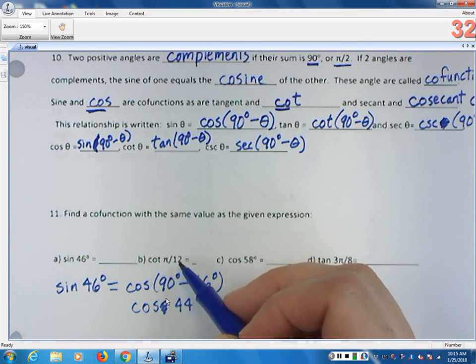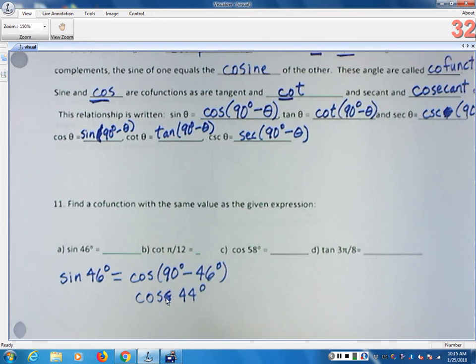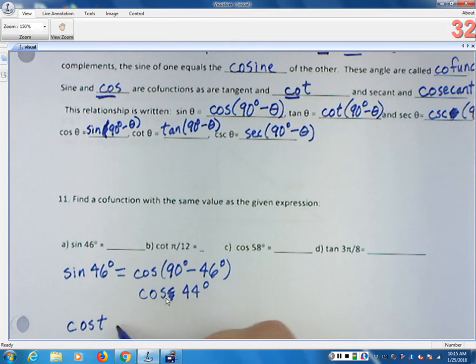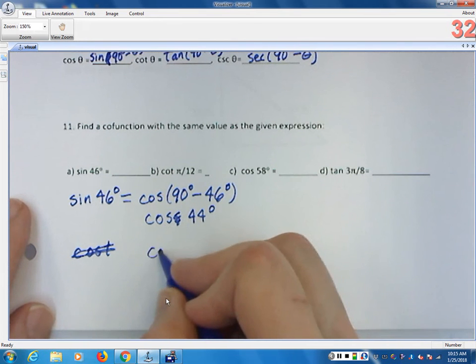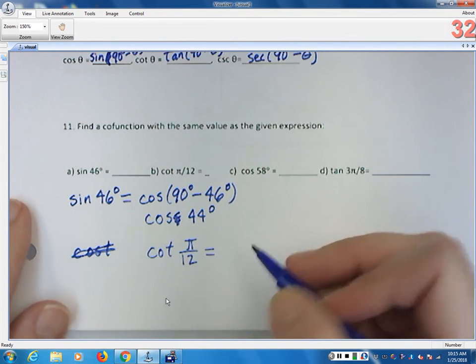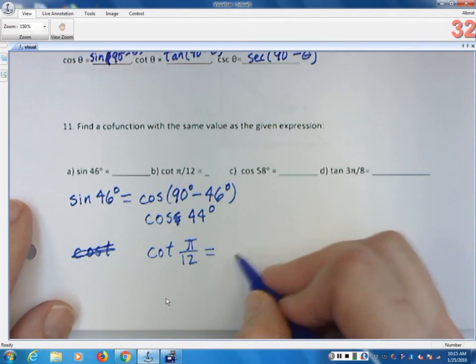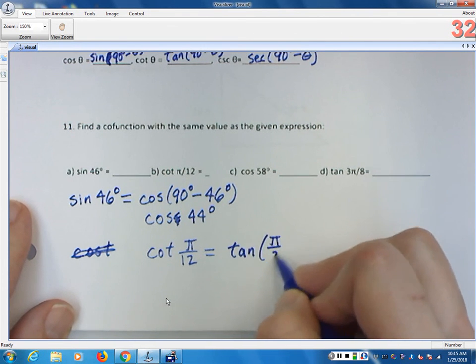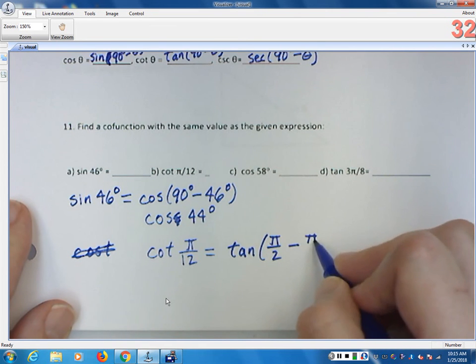Cotangent of pi over 12. Cotangent of pi over 12 will be tangent of pi over 2 minus pi over 12.